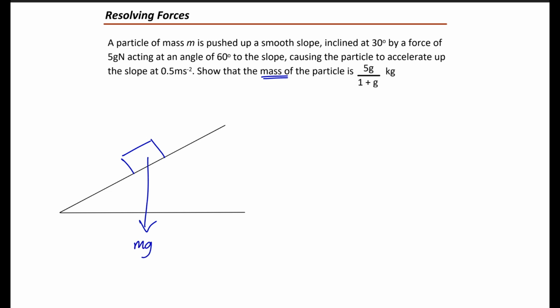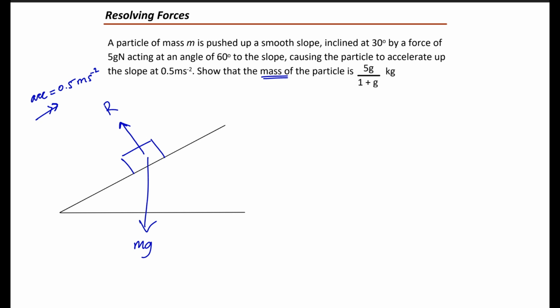We know that there is a reaction force always which is perpendicular to the floor, or in this case the slope, and it's accelerating up the slope. So we normally show acceleration with a double-headed arrow like this, and we can just say acceleration equals 0.5 meters per second squared.